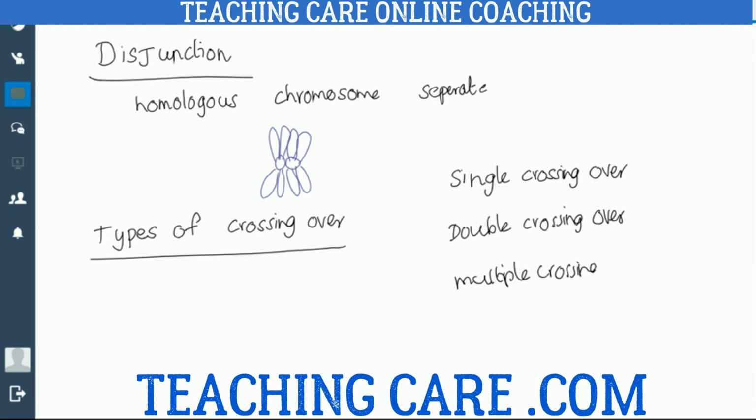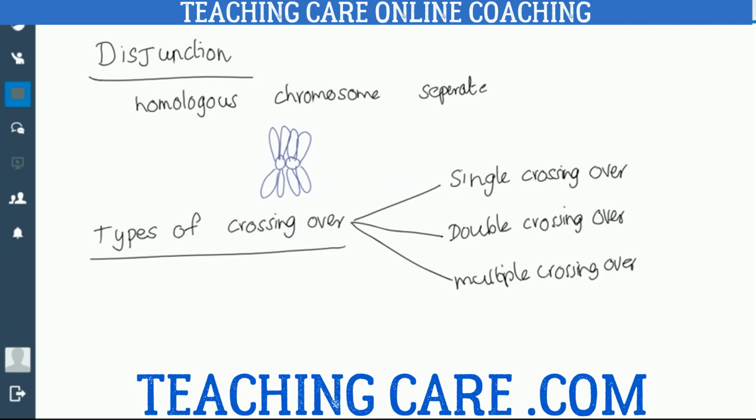The crossing over is three types. Single, double, multiple. Yes, sir.